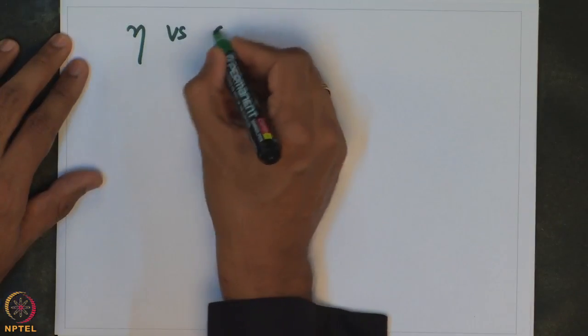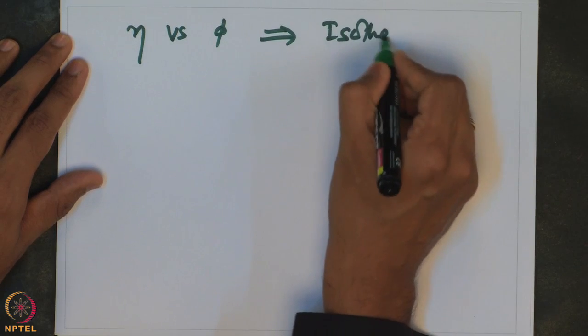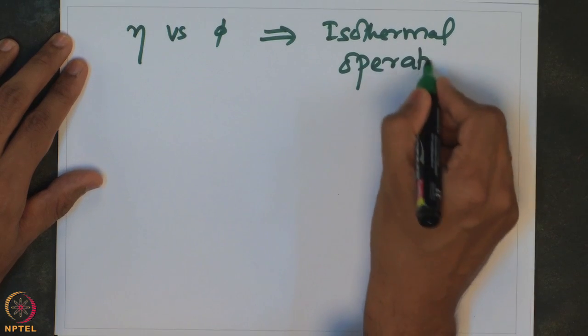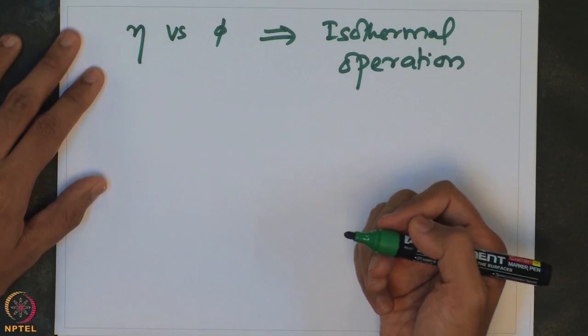So, all the internal effectiveness factor versus phi curves that we have seen so far are all for isothermal operation. But in fact, the concept of effectiveness factor is valid even for non-isothermal operations.